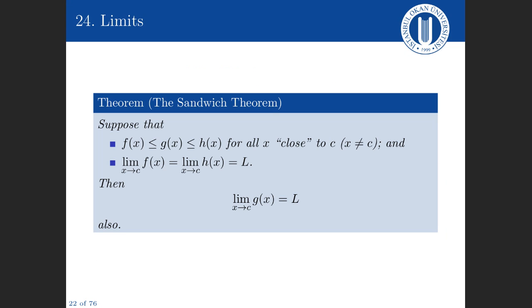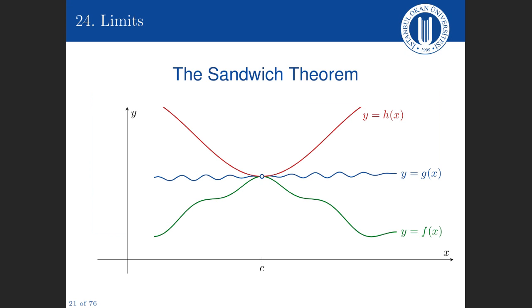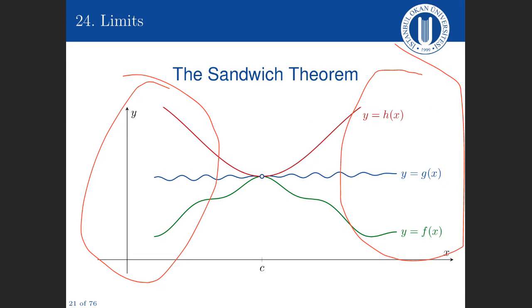Precisely. If we know that the inequality f less than or equal to g less than or equal to h is true for all x close to c, we don't care what happens a long way away from c. Over here on the left, we don't care what happens. Over here on the right, we don't care what happens.